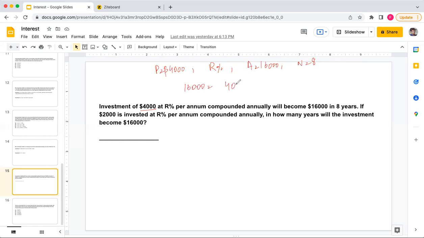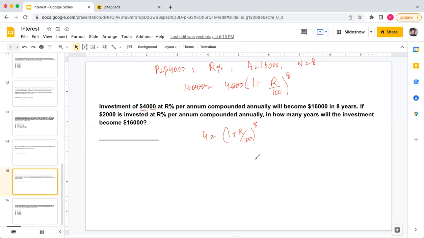It is equal to 4,000 into 1 plus R by 100, and because this is compounded annually, C will be 1, into 8, right? So this will be 4 is equal to 1 plus R by 100 whole power 8.